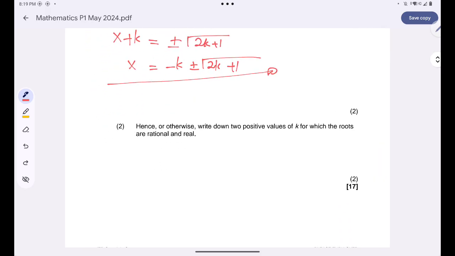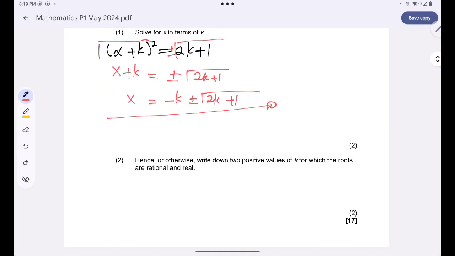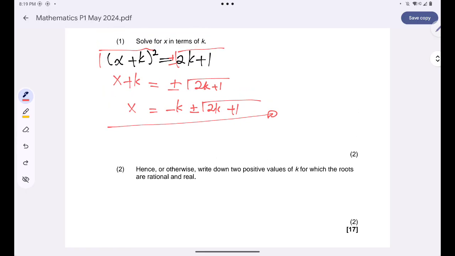Okay, the final question says, hence or otherwise write down two positive values of k for which the roots are rational and real. If the roots are rational, guys, it simply means that everything that is under a square root should be a perfect square.